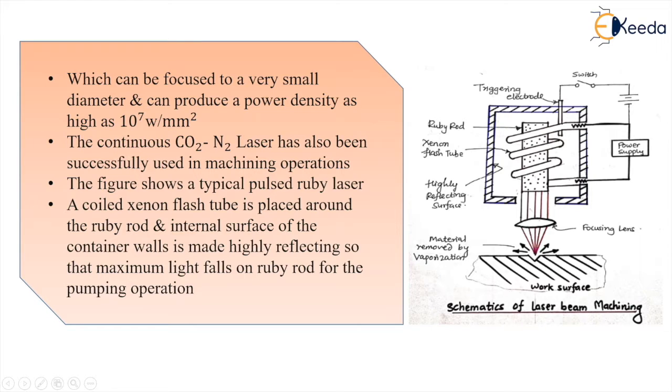You can see the coating of highly reflecting surface on the inner wall of the container. For focusing, we have the focusing lenses. This is the power supply, and this rod is our triggering electrode.